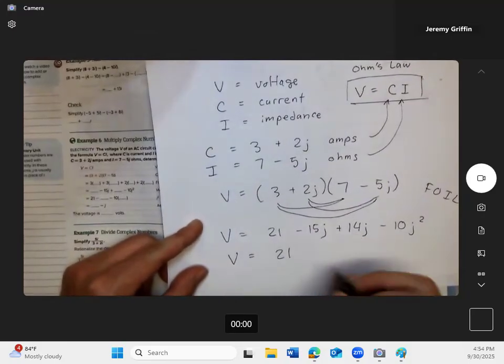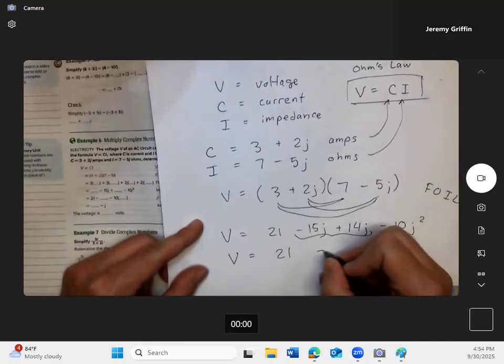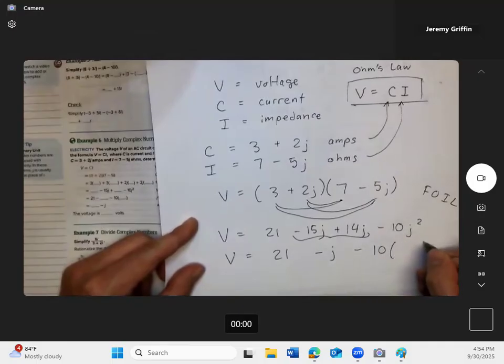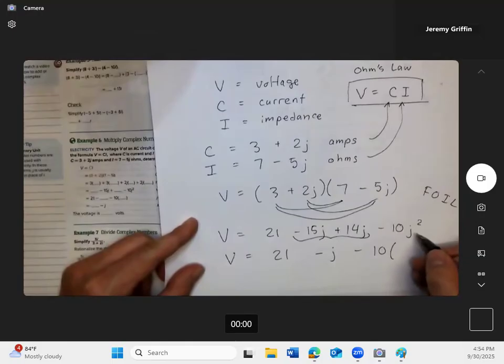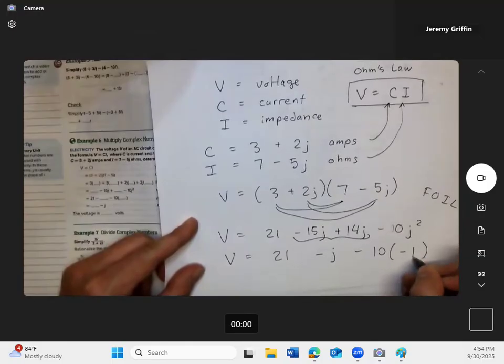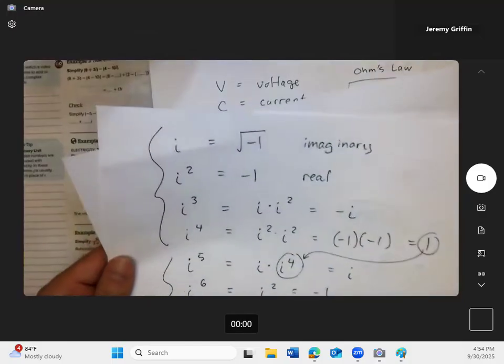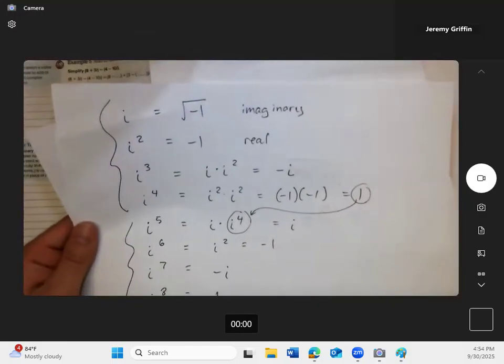So we got 21. Now these two middle terms, negative 15 plus 14, simply become negative 1J. And then minus 10. Now remember, if J is the square root of -1 and you square that, doesn't that just become -1 again? That's the four-part pattern, the powers of i.